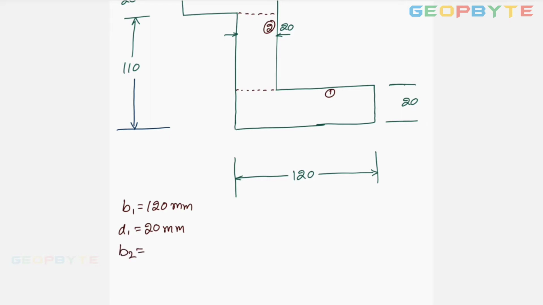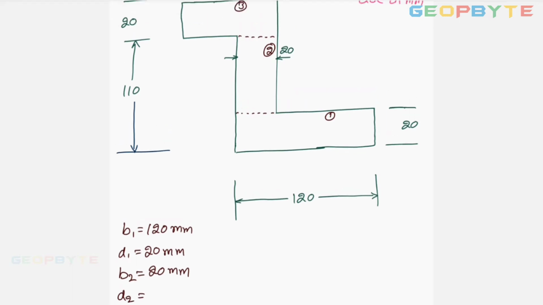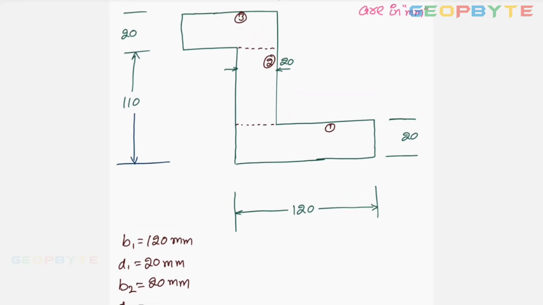Similarly, look at section 2. B2, the width for section 2, is equal to 20 mm. The depth for section 2 is only this part.